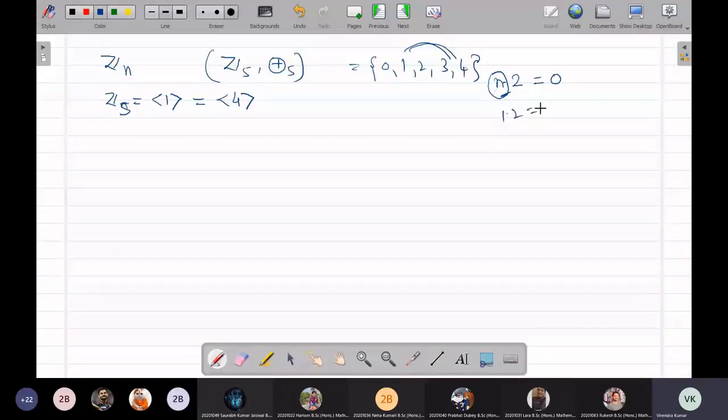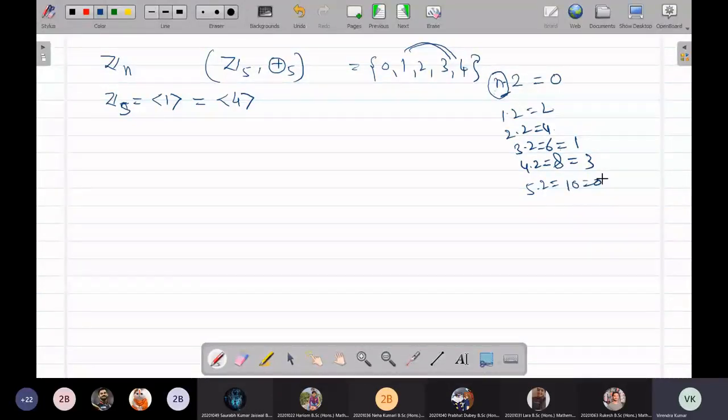1 times 2 is equal to 2. 2 times 2 equals 4. 3 times 2 equals 6, which is 1. 4 times 2 equals 8, and 8 is nothing but 3. And 5 times 2 equals 10, and this equals 0.